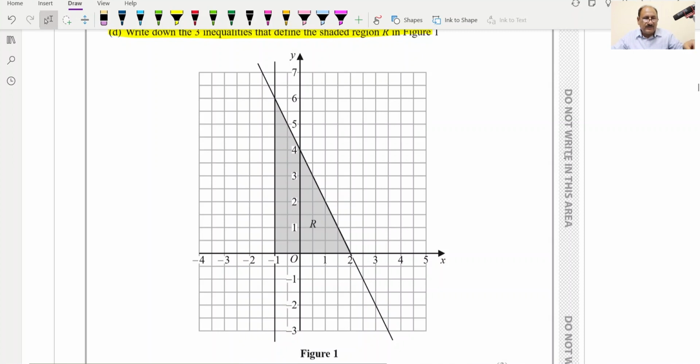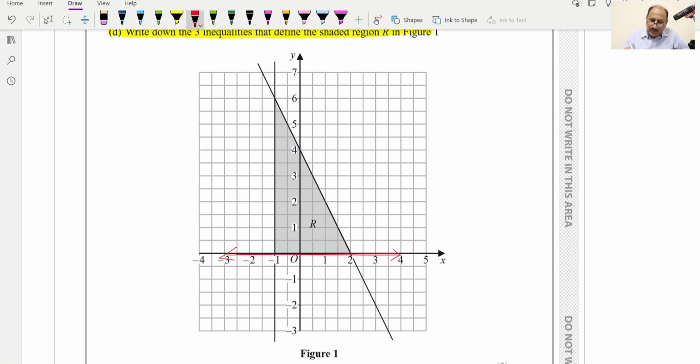First of all, the first line we can write is this one, basically the x-axis. Hopefully you can see, I'm trying to show you in red. So the upper portion is required.